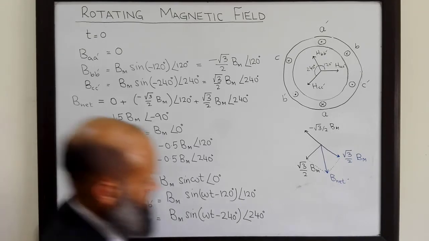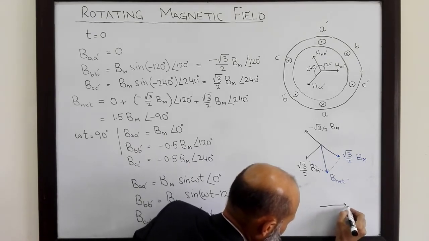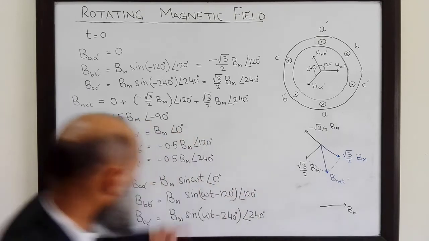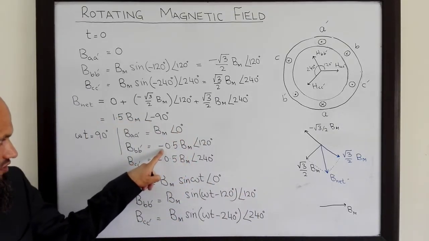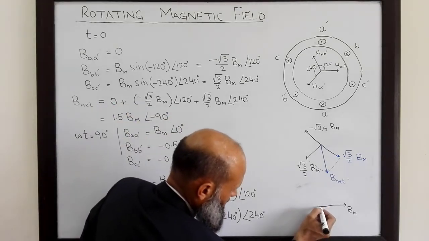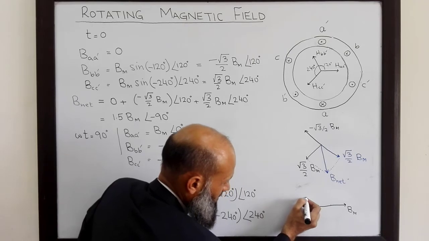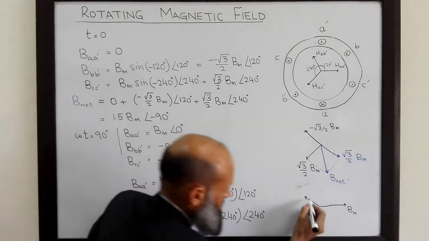The first vector is over here, which is Bm angle 0 degrees. The second vector is minus 0.5 Bm angle 120 degrees. So half of this length with an angle of 120 degrees.